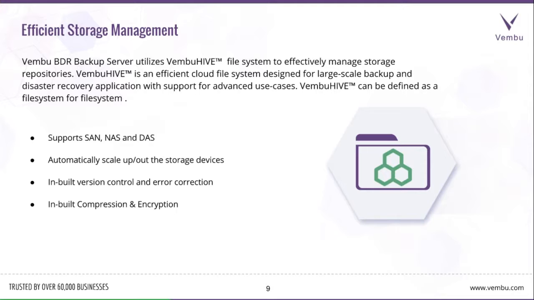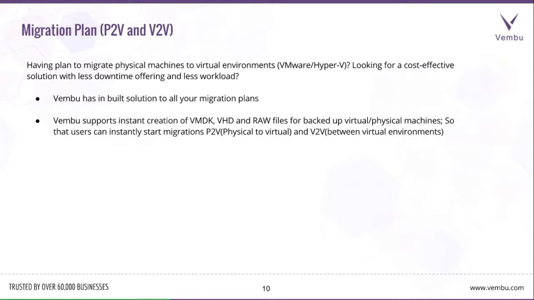We support SAN, NAS, and DAS storage, and we support automatic scale up and scale out for the storage devices. We also have inbuilt version control and error correction, and inbuilt compression and encryption. And the best part here is the migration plan.